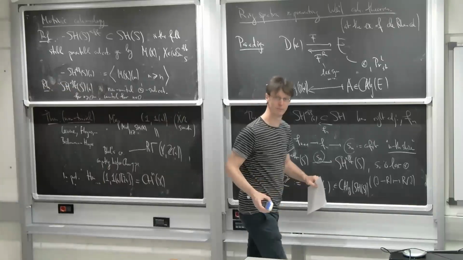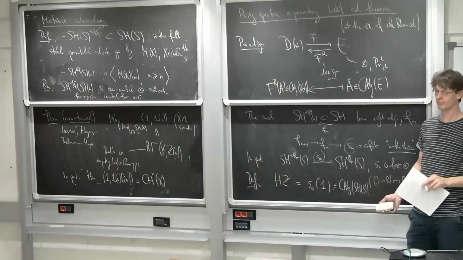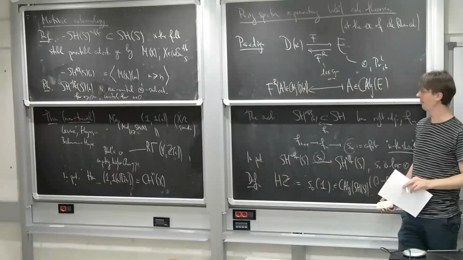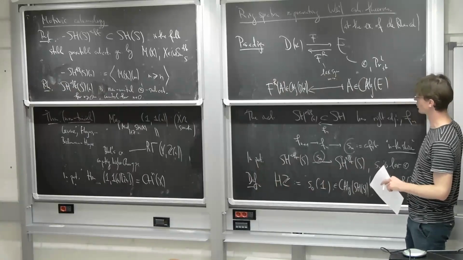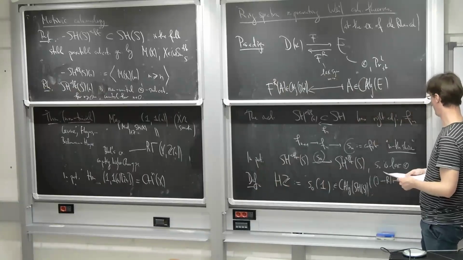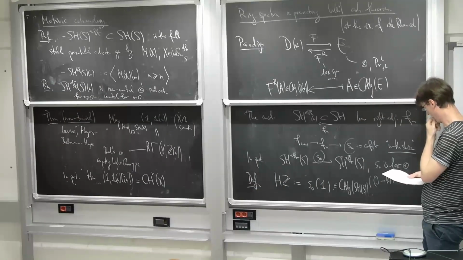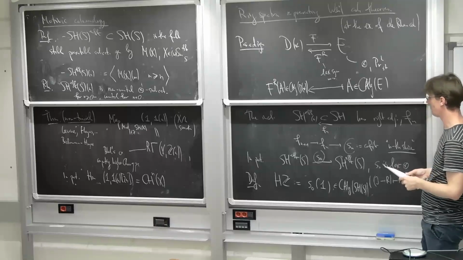Sorry, this HZ is this one that you define, say, at the start of the lecture. So you have one map from spectra to SH, and you... No, that's a very good question. It is not. It's really not quite.